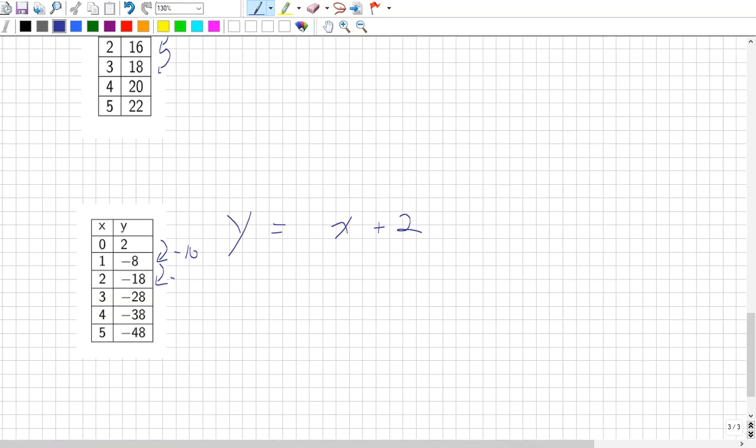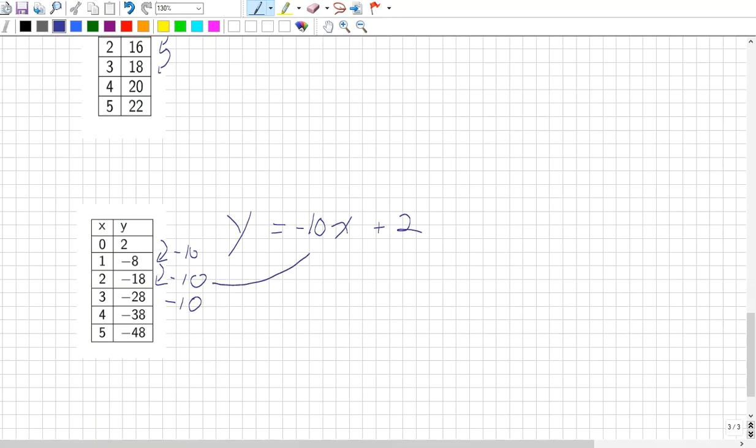Each time you can see this is going down by 10, down by 10, and so on. So the value in front of x is going to be negative 10. So y equals negative 10x plus 2 is the equation that fits this table of values.